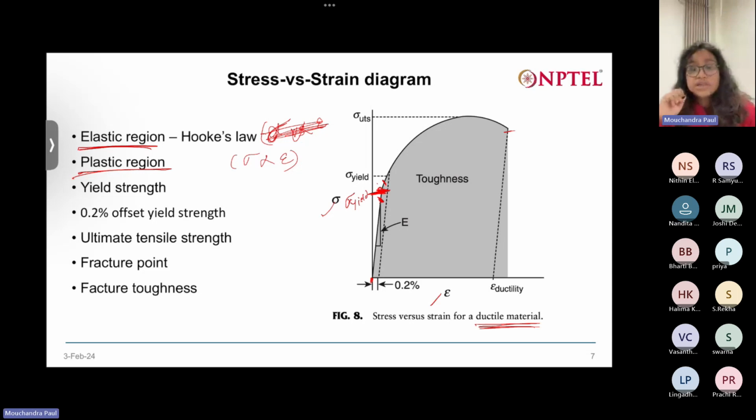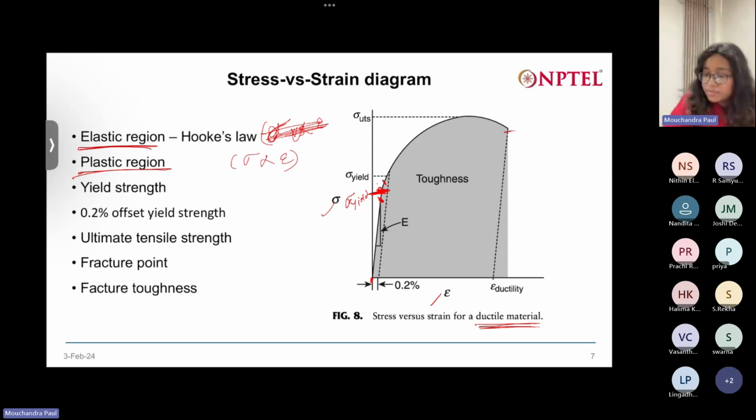Yield strength is the maximum stress that a material has endured before it transforms to become plastically deformed. So after the yield strength point, or yield stress point, the material will undergo plastic deformation. It's not in the elastic region anymore.